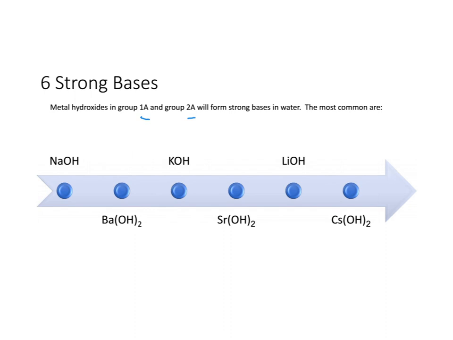On the alkaline earth metal side, we have barium hydroxide, strontium hydroxide, and calcium hydroxide, Ca(OH)2. So remember your 6 strong acids, your 6 strong bases. Everything else is a weak acid or a weak base. And in our next video, we'll talk about how we can show the production of those hydronium ions and hydroxide ions.